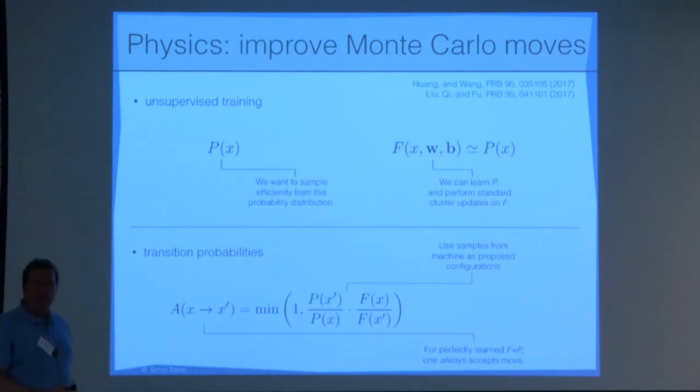So this is extremely helpful. You can find out what a good move is, and you can perfect that. You suggest something and it will always get accepted. So your autocorrelation time will dramatically reduce, from, I don't know, 1,000 steps to come up with the right move, to immediately having a good idea.